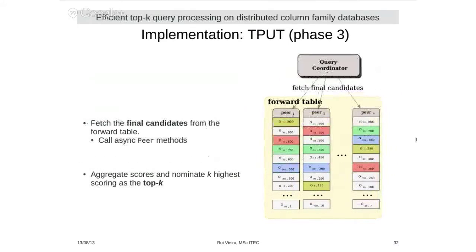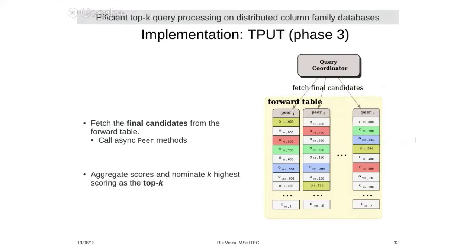And finally, once we have the K value and can determine the K hat, the candidates, we fetch them individually from the forward table. Cassandra can support IN statements, so you can fetch values which are in the array of candidates.